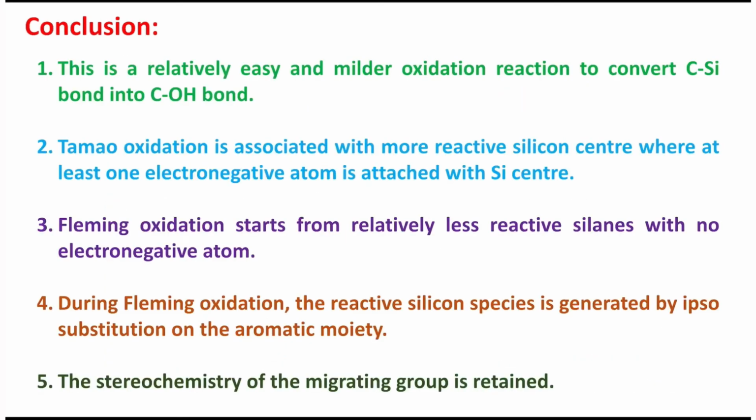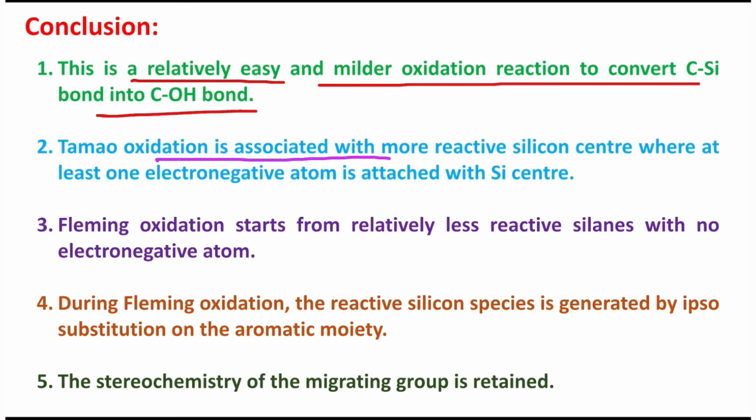So in conclusion, what you have learned today is that this is a relatively easy and milder oxidation reaction to convert a carbon silicon bond into a carbon OH bond, but with retention of configuration. And Tamao's oxidation is associated with one more reactive silicon center. In the Tamao case, at least one electronegative heteroatom is attached to the silicon center.